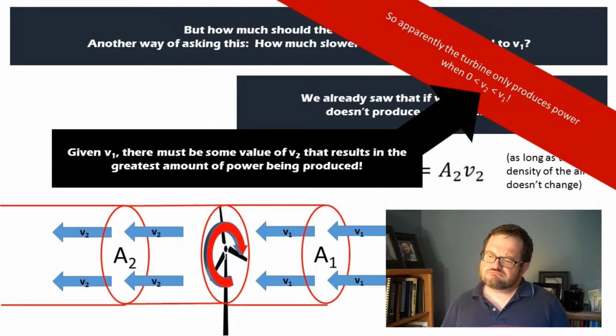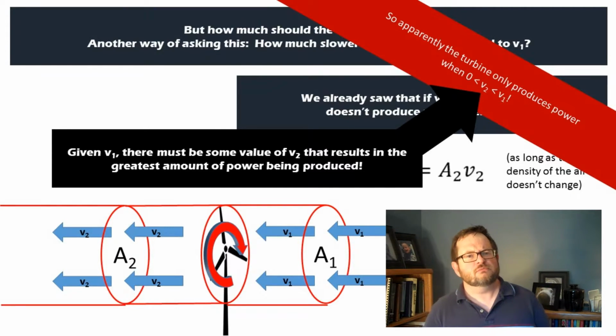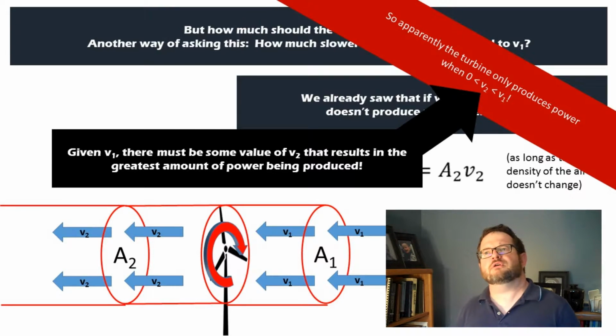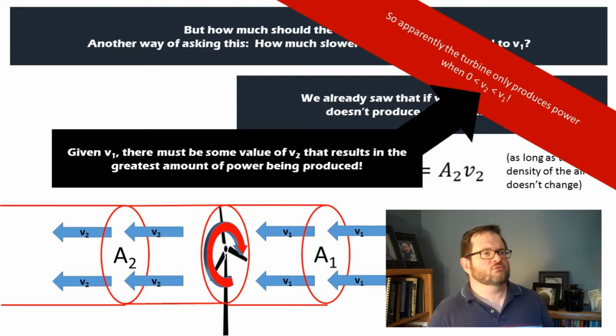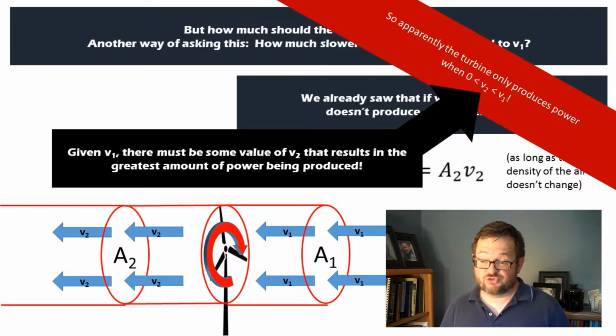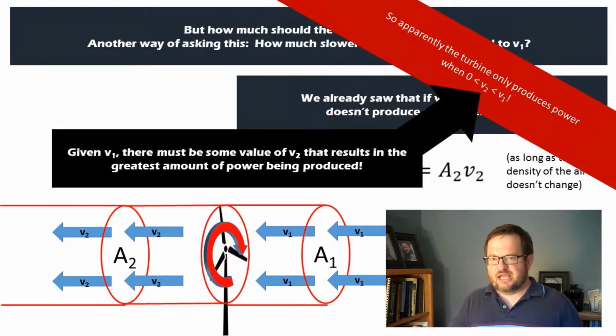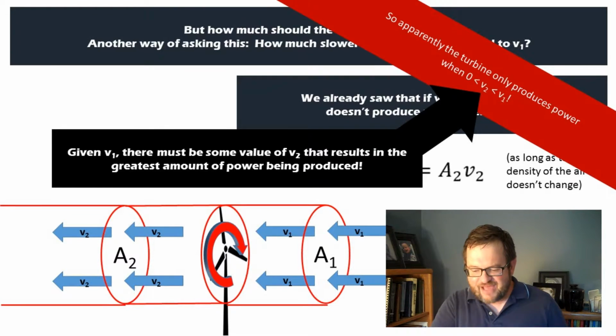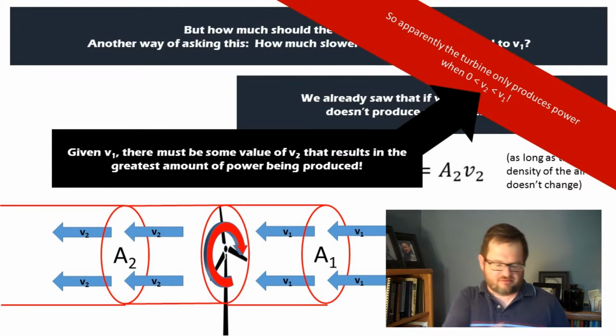Now, if you've taken calculus, this sounds familiar. One of the things we do with differentials in calculus is use them to find the maximum. We use calculus so that we can solve and figure out the value of V2 that produces the maximum amount of power.